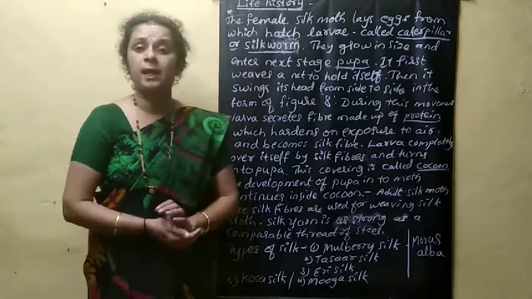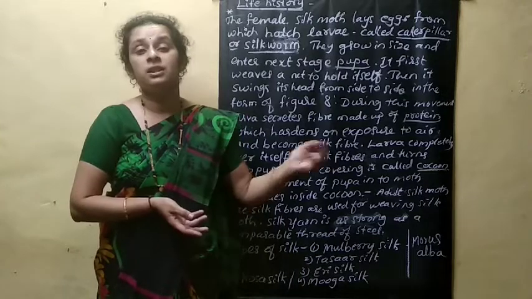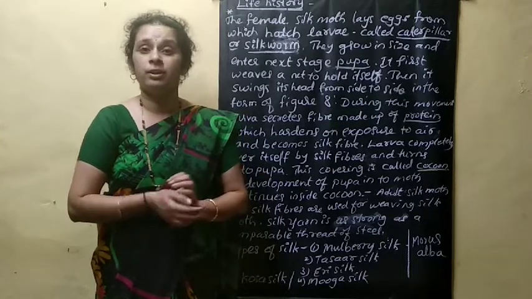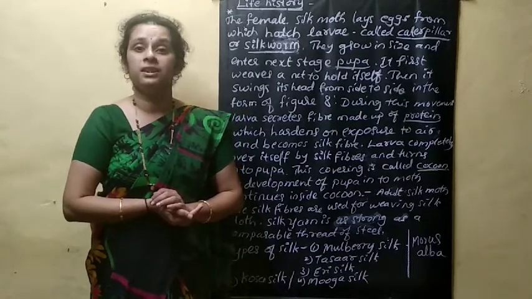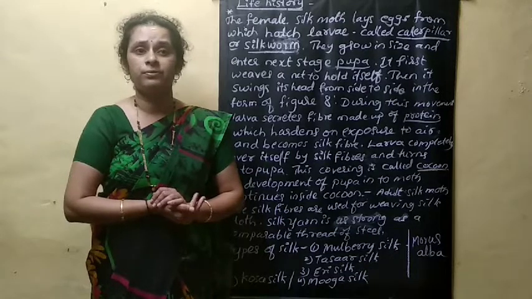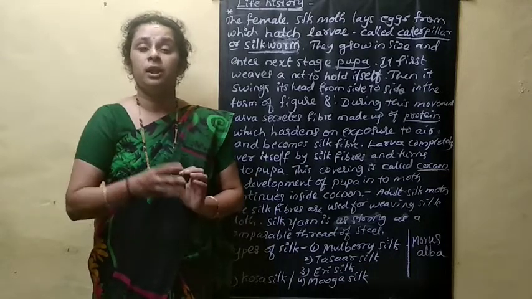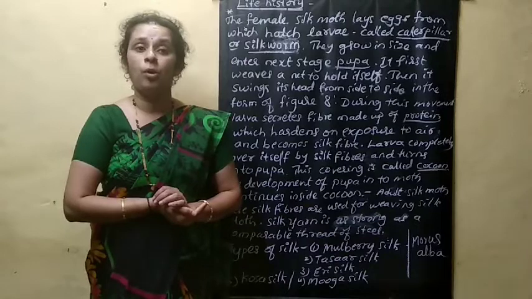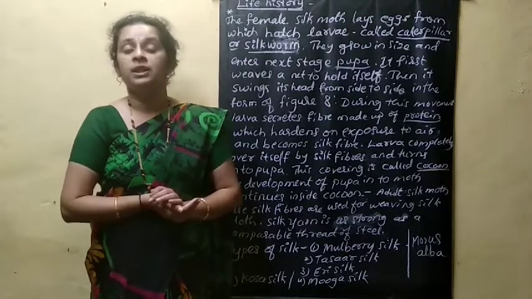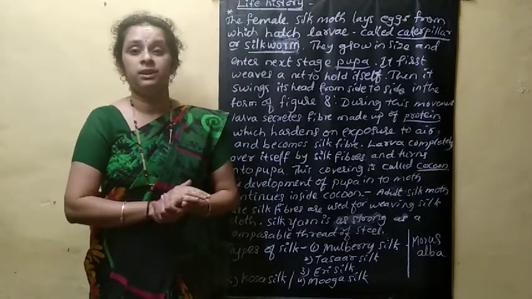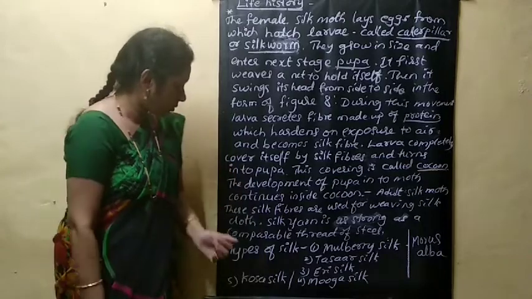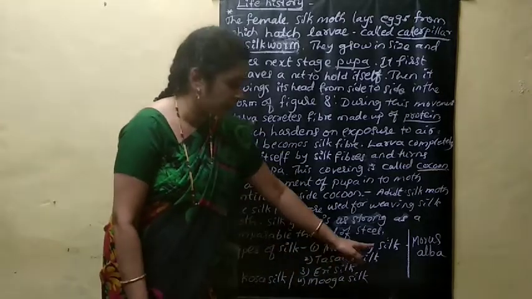There are different types of silk. You have heard that there are different types of silk. Depending on the type of silk moth, they are classified into different types of silk. One is mulberry silk.